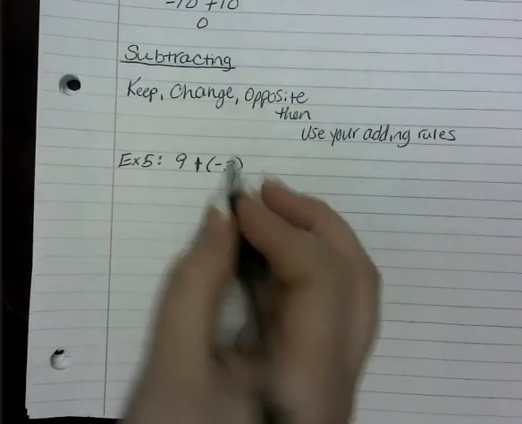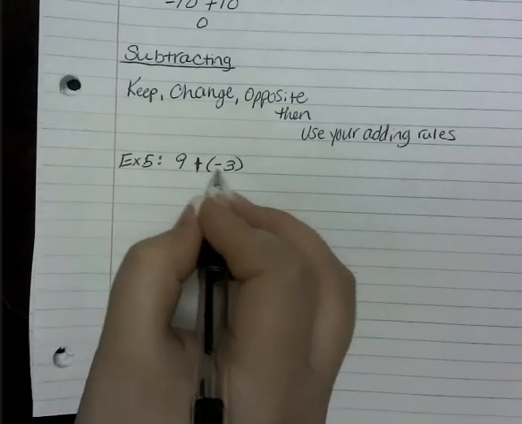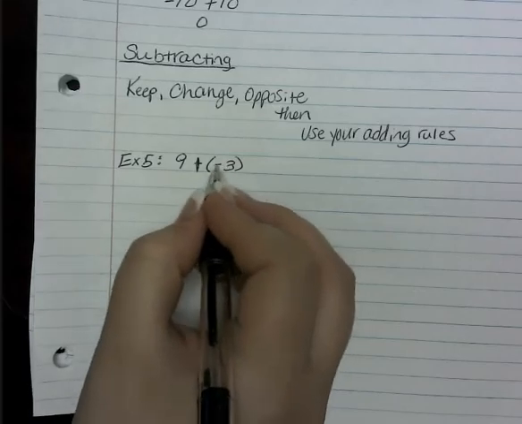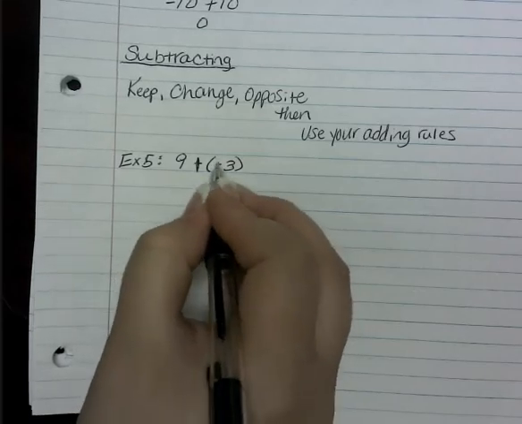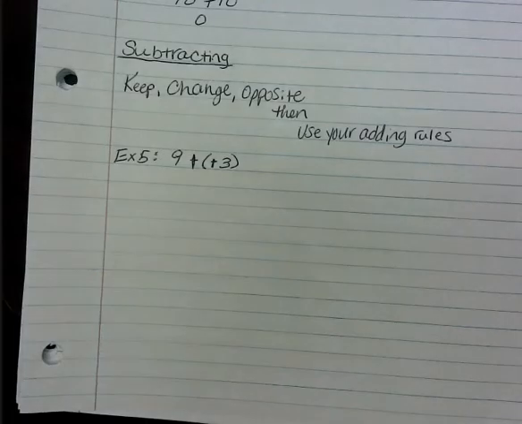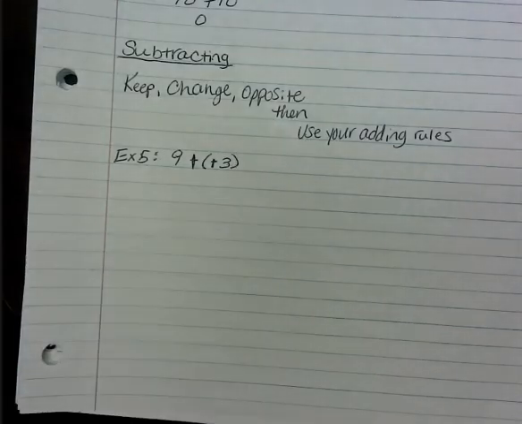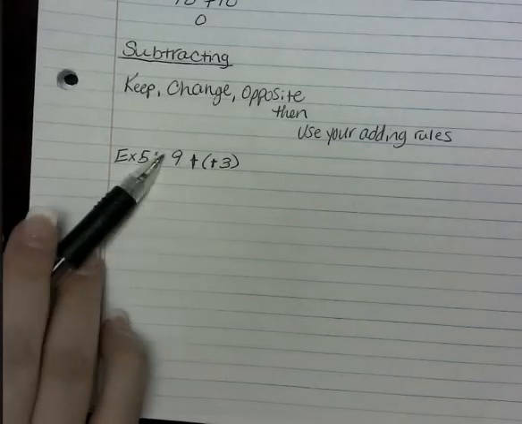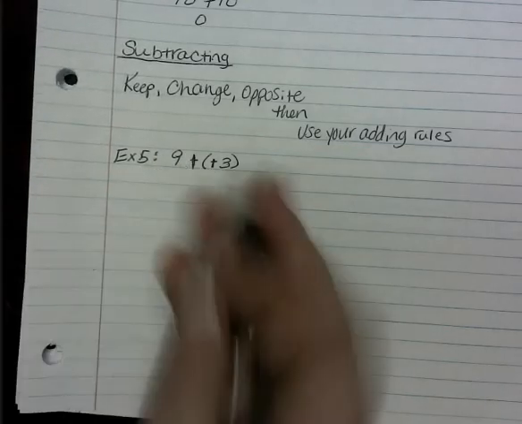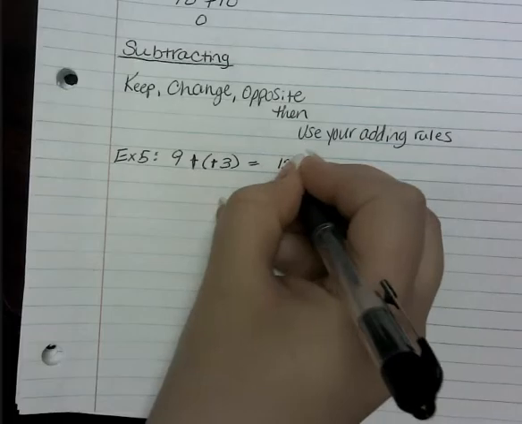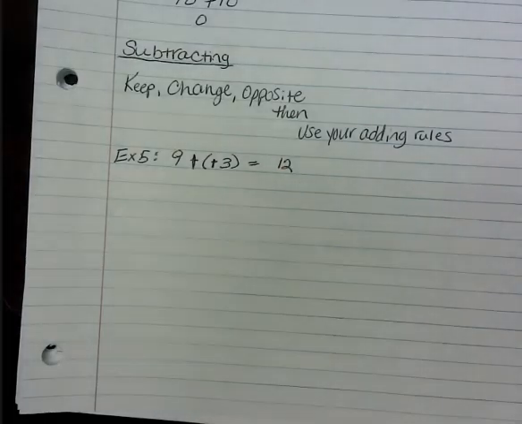And then we do the opposite of this second number. So the opposite of negative 3 is a positive 3. Then use your adding rules. So you're adding, your signs are the same, so you add them together and keep the sign that they were both. So since they were both positive, that means that our answer is positive.